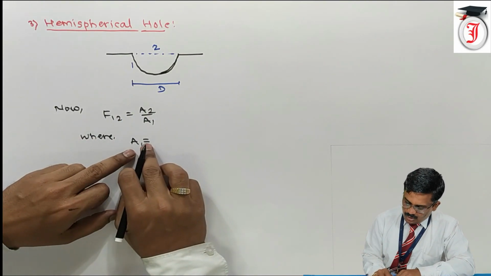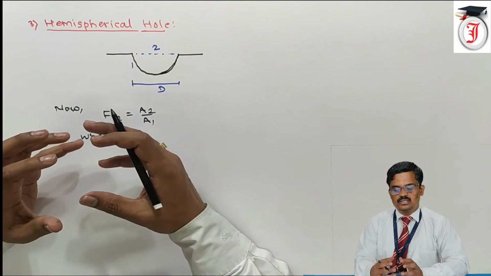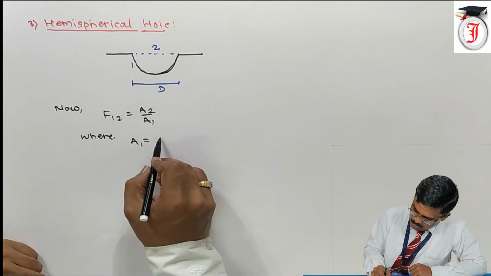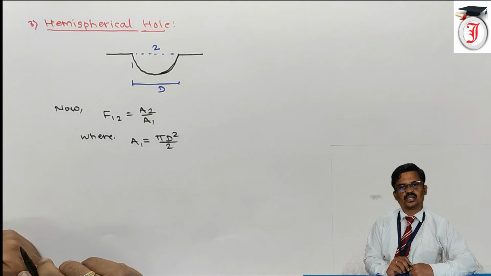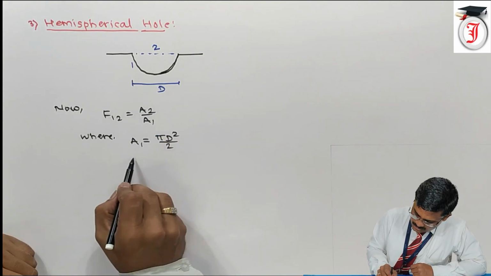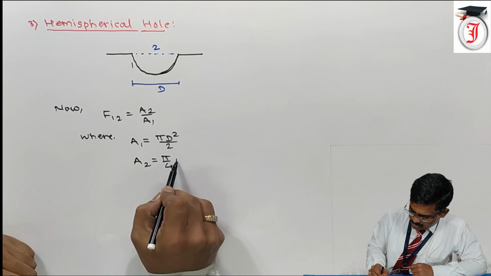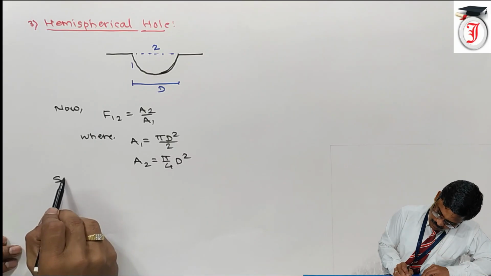We divide that by 2 to get the surface area of a hemisphere, which is pi d square upon 2. A2 is the surface area of a circle, which is pi by 4 d square. These are known quantities.